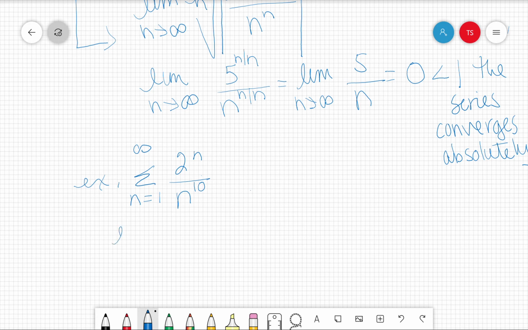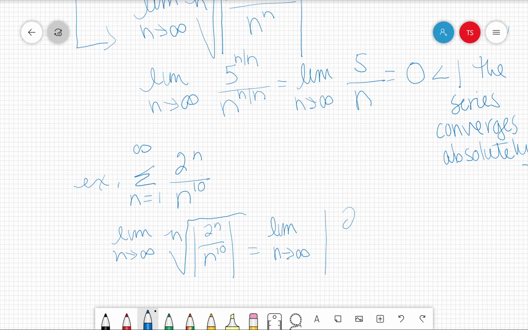So I'll take the limit as n goes to infinity of the nth root of the absolute value of 2^n over n^10. That's going to simplify to the limit as n goes to infinity of the absolute value of 2^n divided by n over n^10 divided by n.